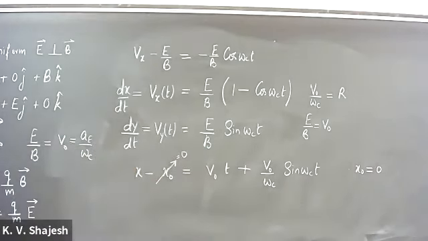Dr. Sharjesh, I think in the x equation, shouldn't the sine term still be negative? When we integrate, oh, no, when we integrate cosine, we get a sine, right? Just sine, there's no minus sign. If you integrate sine, you get minus cosine. Oh, yes, I think so. Okay, let me think again.